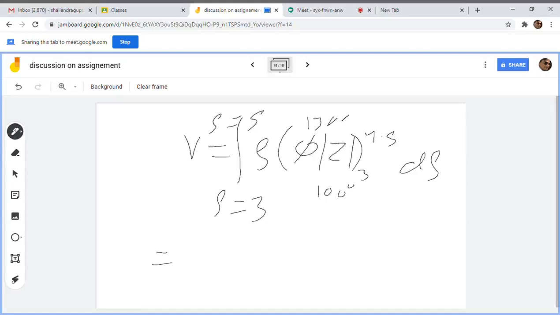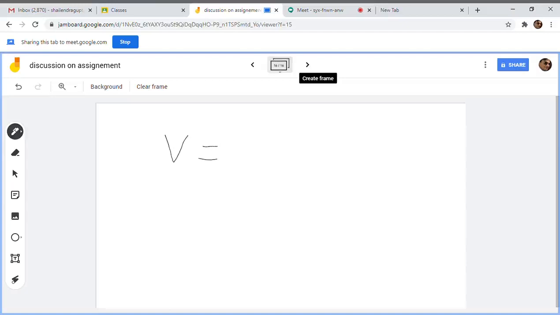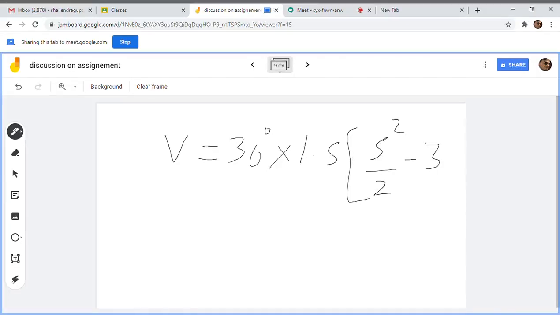So phi is 130 degree minus 100 degree, it will be 30 degree. Z will be 4.5 minus 3, that is 1.5, and the integral of rho is rho square by 2, from 3 to 5. So V is equal to 30 degree into 1.5 into 5 square by 2 minus 3 square by 2.